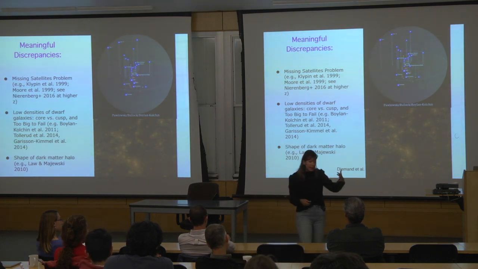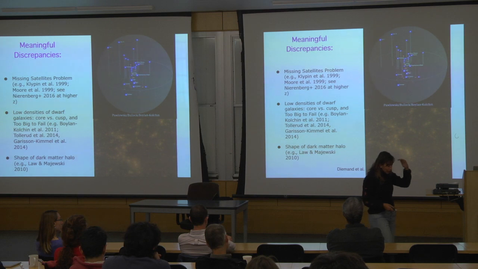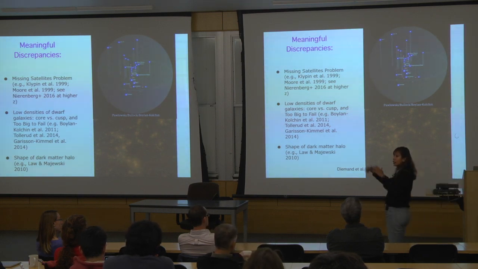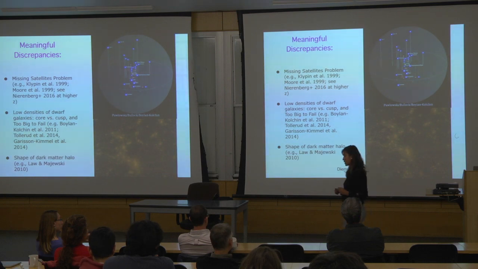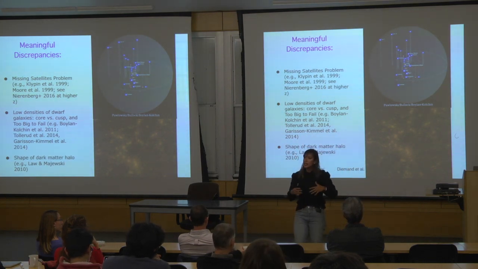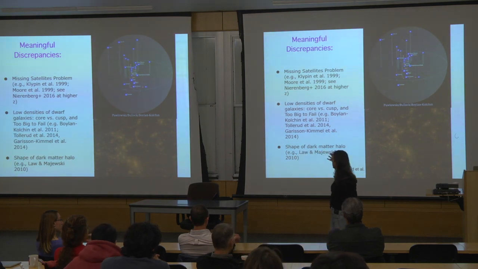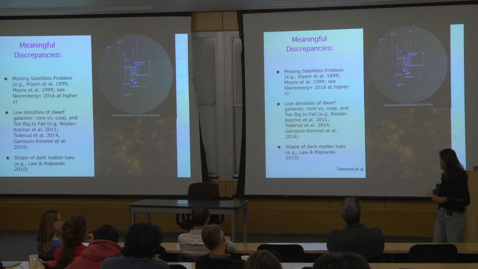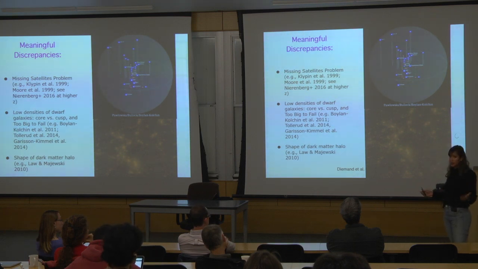Okay, you could achieve this if, for example, you invoked a high UV background, like something you would expect at the epoch of reionization, to actually heat the baryons sufficiently in these low potential wells, in these very small galaxies, such that those galaxies essentially fail to form stars.